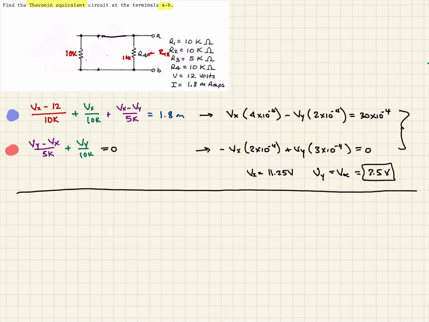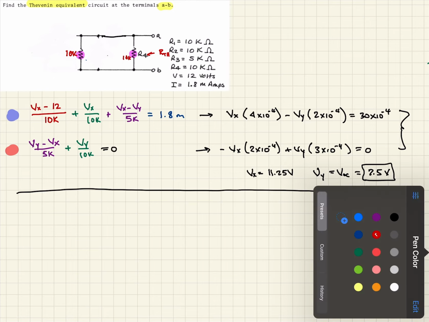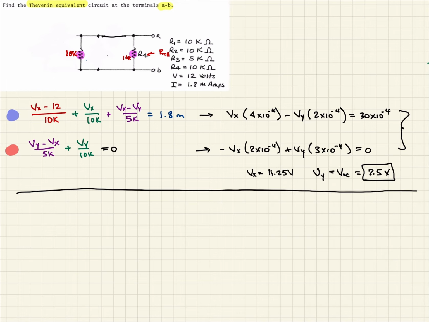So again, now we see that we have this 10K and this 10K in parallel, and those are the last two that we have. So 10K in parallel with 10K again is just going to be a 5K resistor. All right, so then we can say in summary that our R Thevenin is going to reduce down to 10K in parallel with 10K, and that's going to equal 5K. So that's our Thevenin resistance.